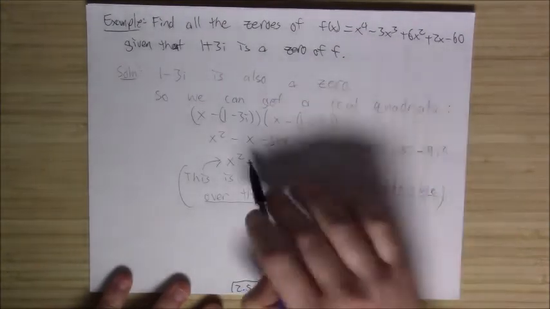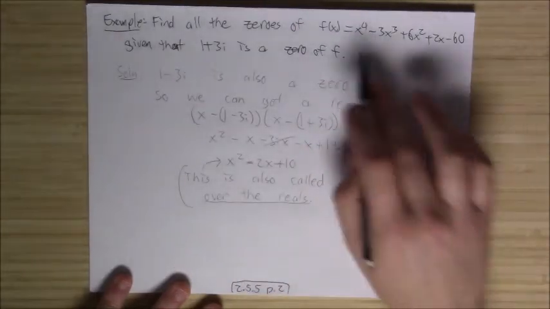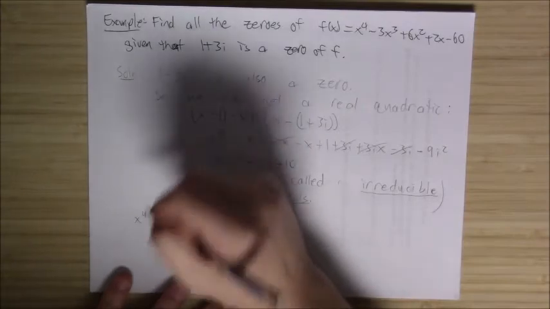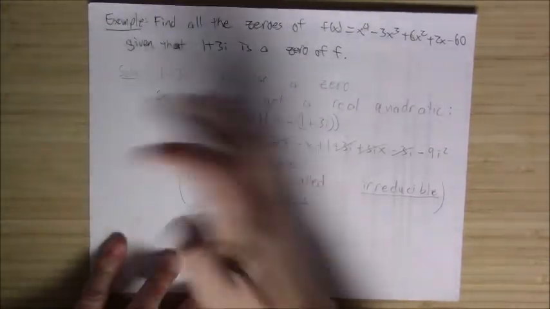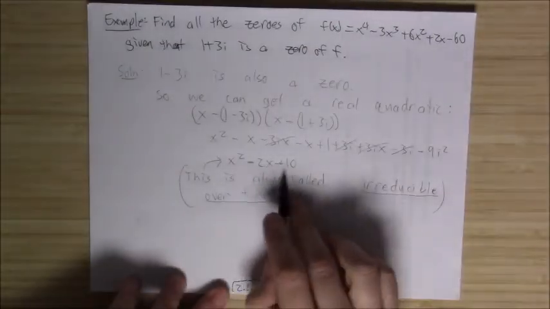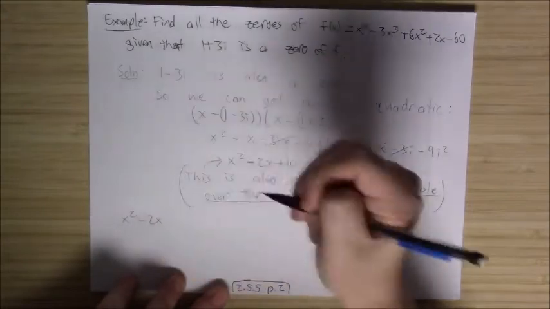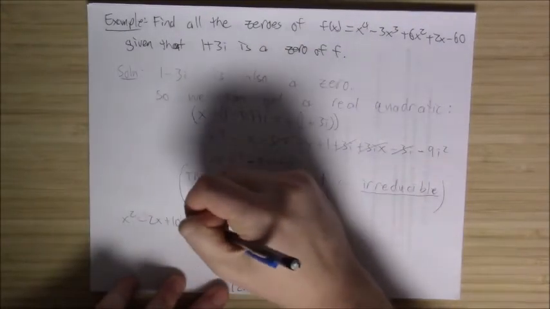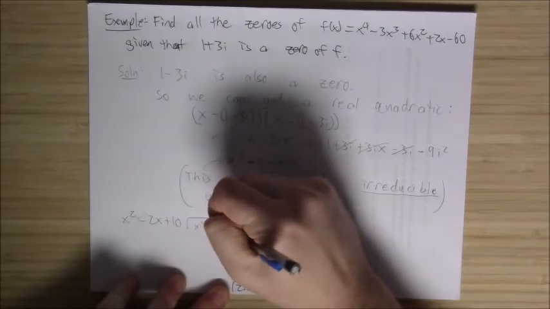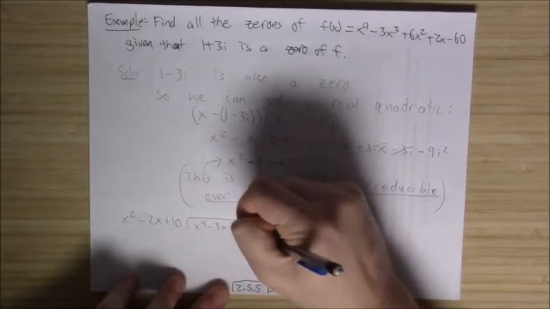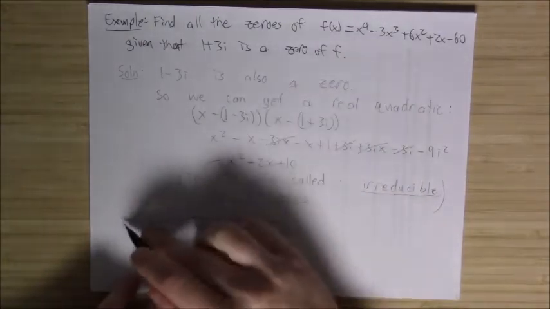If that's the case, we can divide by this to break it down further. We have to do long division because this is a quadratic, so we can't use synthetic division, darn it. We divide x to the fourth minus 3x cubed plus 6x squared plus 2x minus 60.